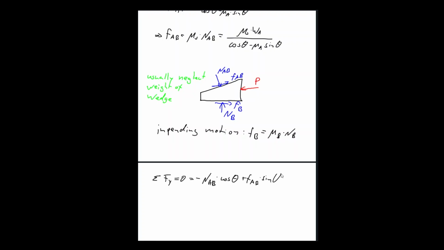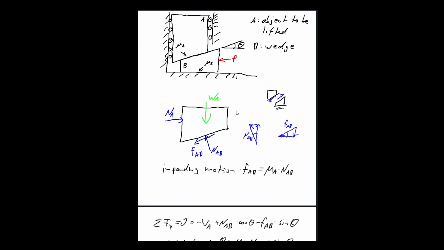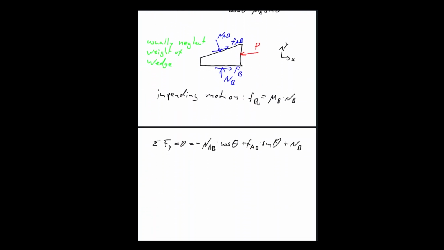FAB times sine theta. And then what else? Oh, NB, of course. Going upwards. Keep on forgetting my coordinate systems. Let's add that one here too, just so that the positive and negative directions actually mean something.